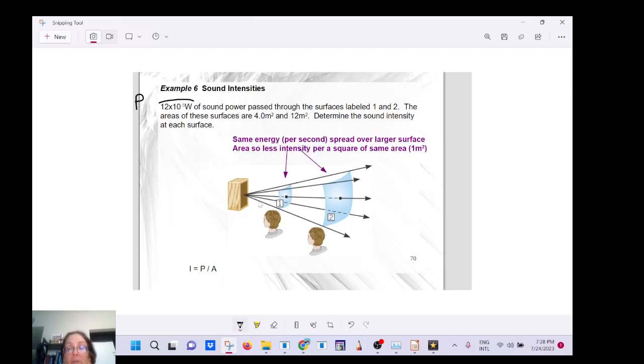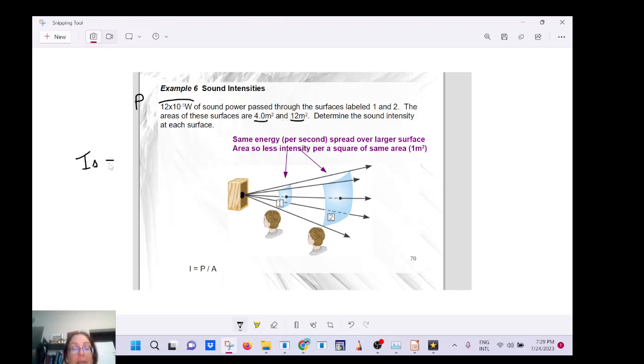The energy from the source is flowing at a rate of 12 times 10 to the negative 5 watt, or joules per second. Find the intensity at those surfaces, with areas 4 meters square and 12 meters square. We're just going to apply the equation.